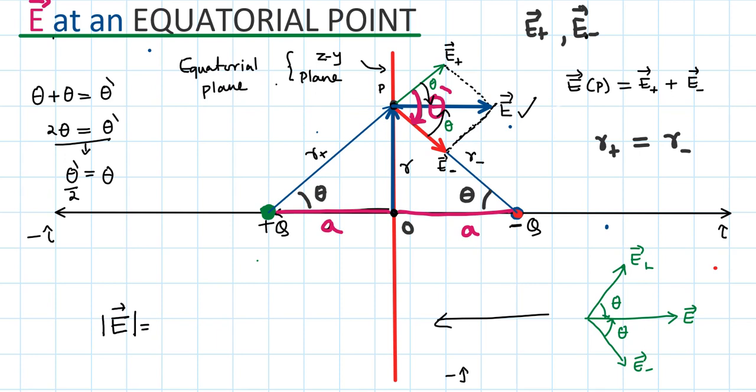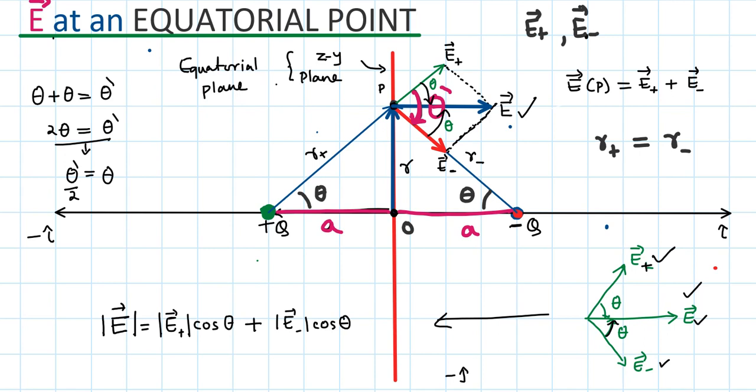The magnitude of this sum vector E is equal to the magnitude of E plus times cos theta, which is the angle between E plus and E, plus the magnitude of the vector E minus times cos theta, which is the angle between E and E minus.